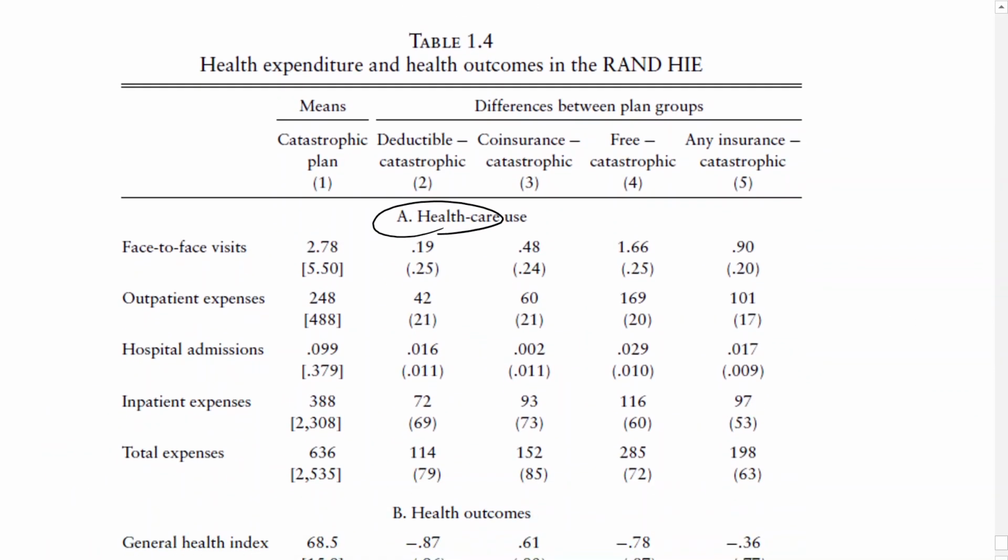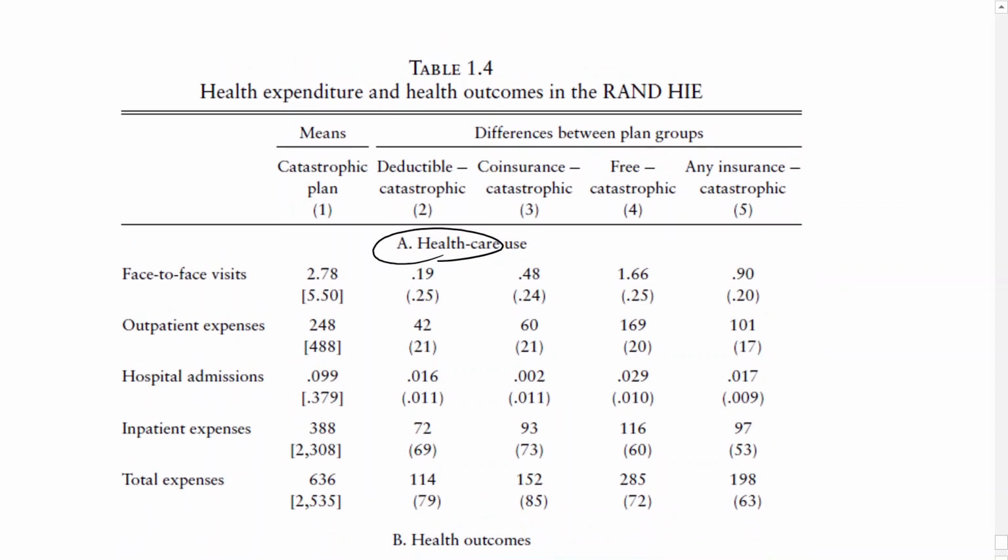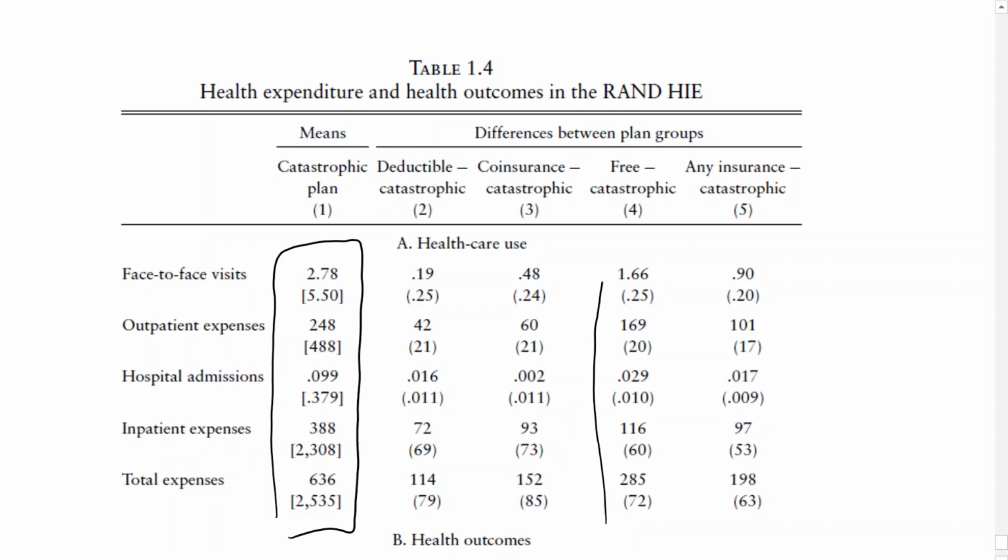This top panel here is healthcare use. And so what we're really thinking about here is that first question: how does insurance affect the demand for healthcare? Okay, and so to make it easy for our example, let's just compare those with free health insurance versus those with essentially no health insurance. These two columns here.